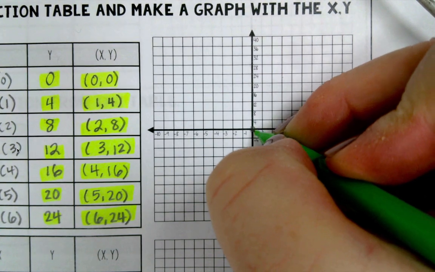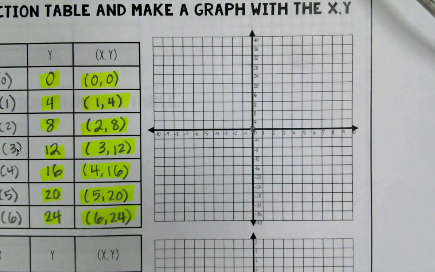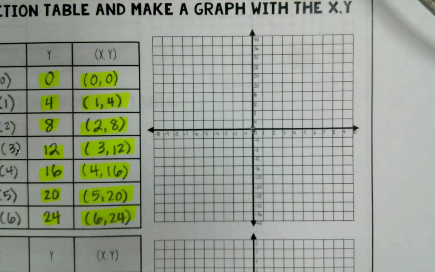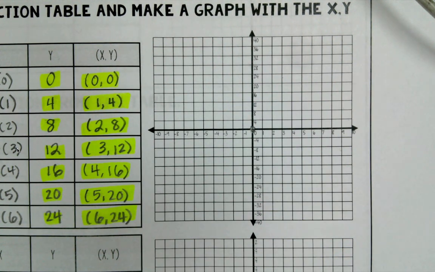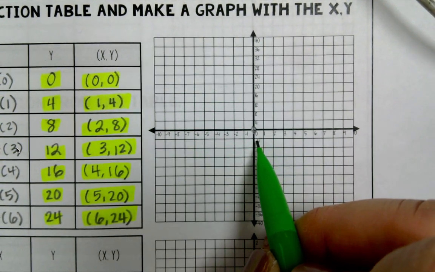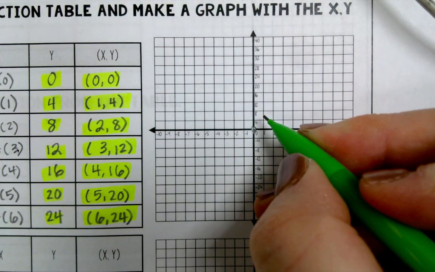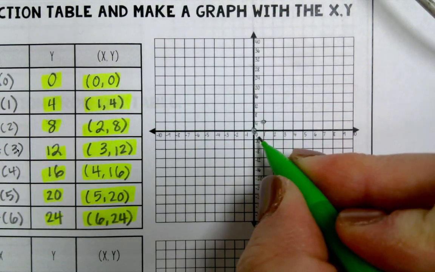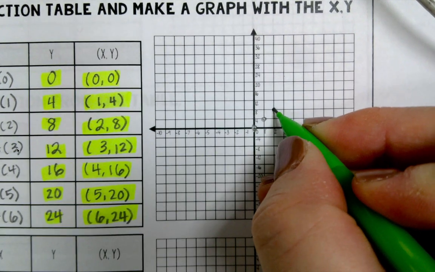0, 0. Remember, when we graph an ordered pair, it's the same thing as the coordinate plane. We have created our ordered pairs. Starting at the origin, we're going to go over 1, up 4. Over 2, up 8.